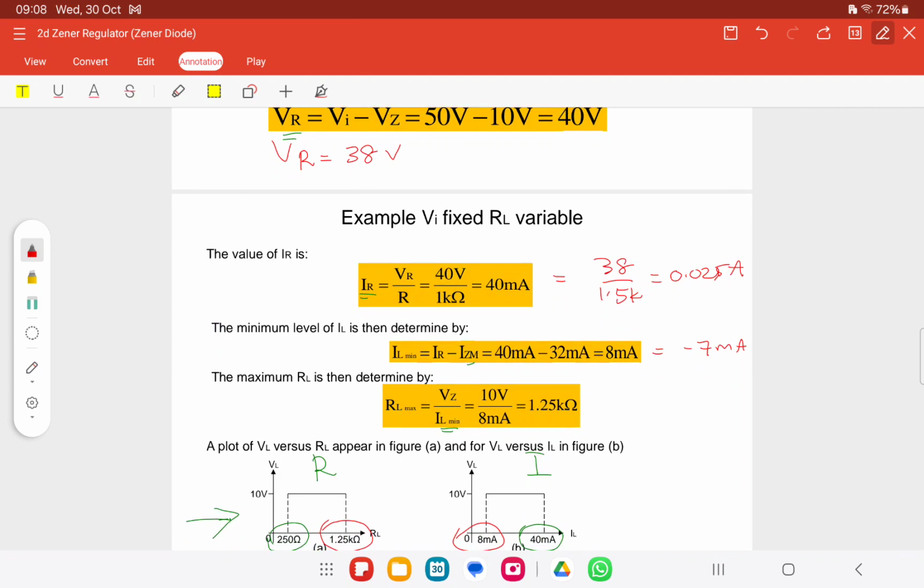So RL max will be... for RL normally kita boleh ignore the negative sign tu. Sebab resistor dia tak ada negative value, kan? 1.7 kilo. Okay.